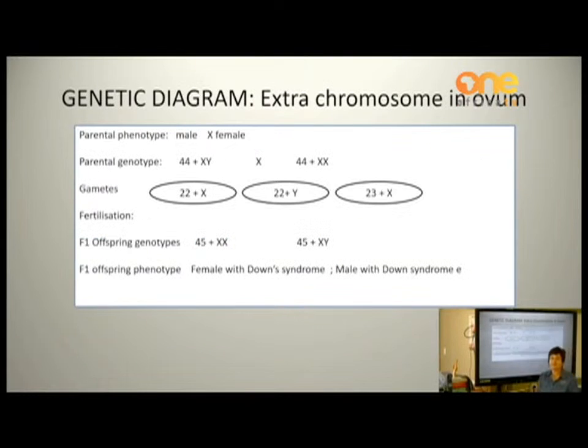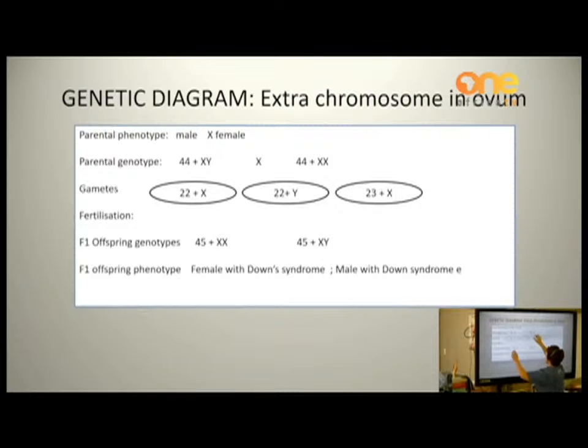What happens is during meiosis, we have the separation, and then they form two gametes. Actually, during meiosis, they form 4 haploid cells. But during this formation, the pair do not split. The male has 44 plus the X and the Y chromosome in its genotype, and the female 44 plus XX.